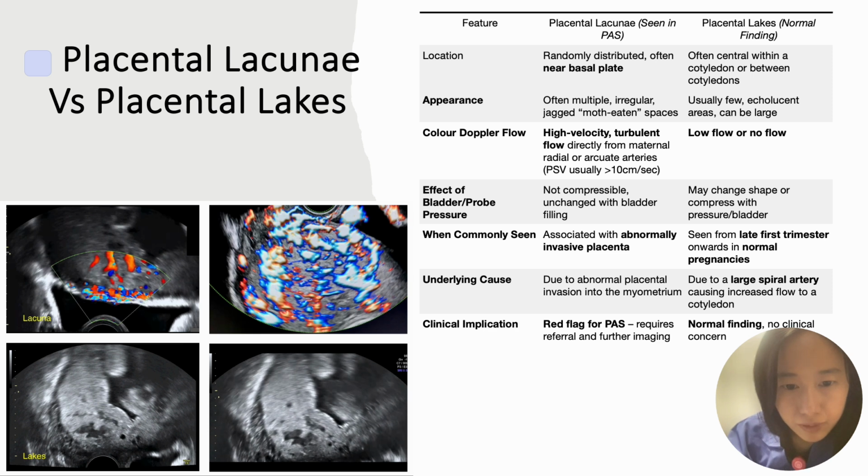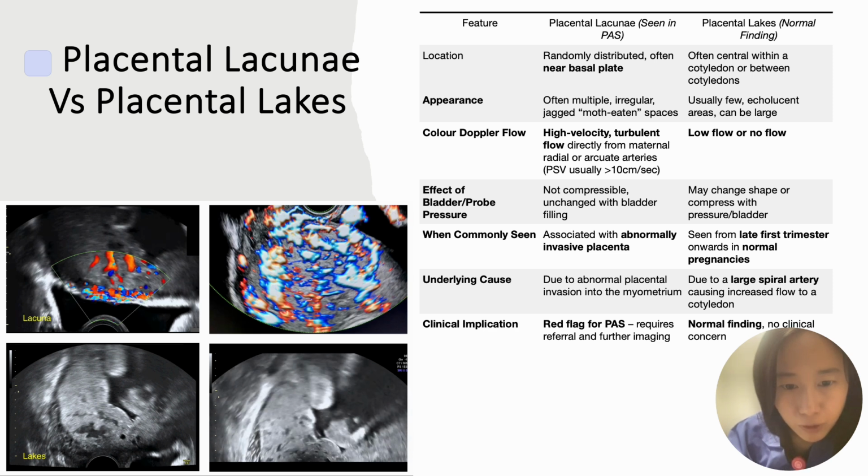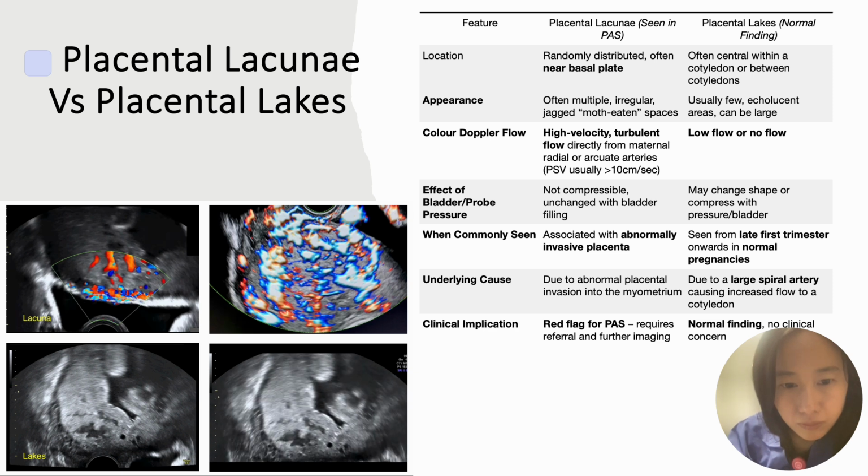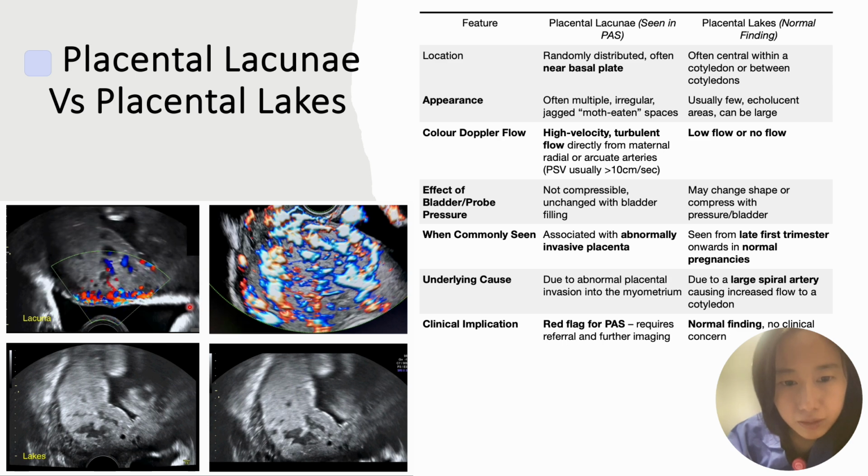When you press on these placental legs with the probe, they disappear. With the placental lacunae, you press on it and nothing happens. You cannot completely make it disappear. They're non-compressible, and if you put a little Doppler on top, it will show high velocity.